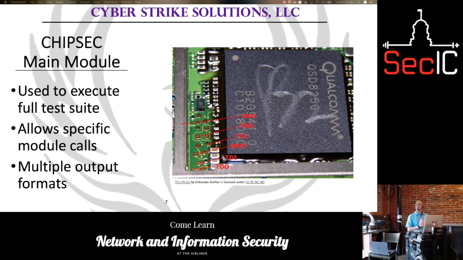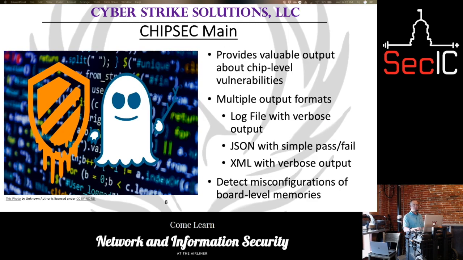The main module is used basically to execute the full test suite. That's a pretty simple command, and it can also allow you to do specific module calls instead of having to do an entire test every time. If you want to just test your systems for specific things, you can run it where it's just going to run certain modules. And there are multiple output formats.